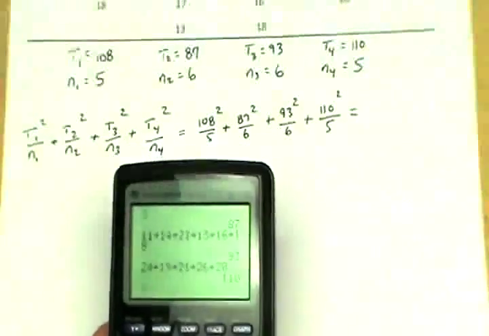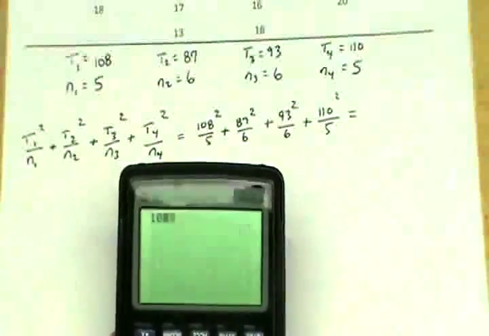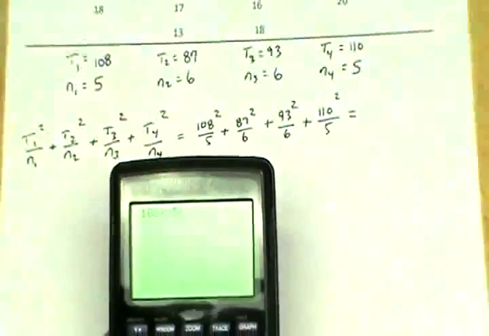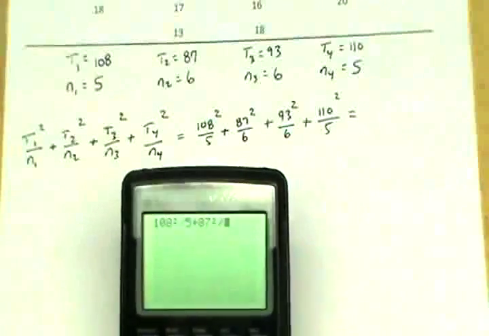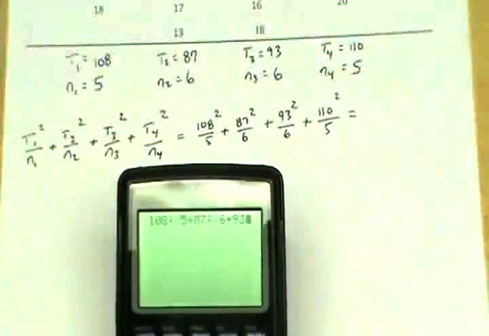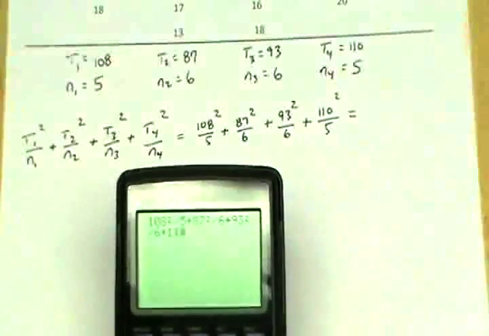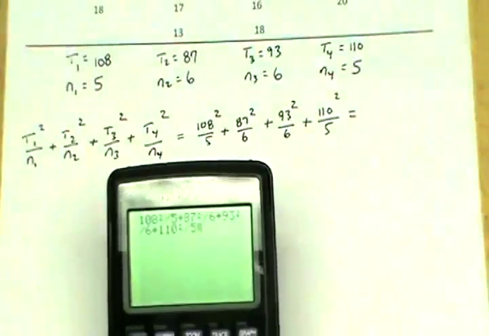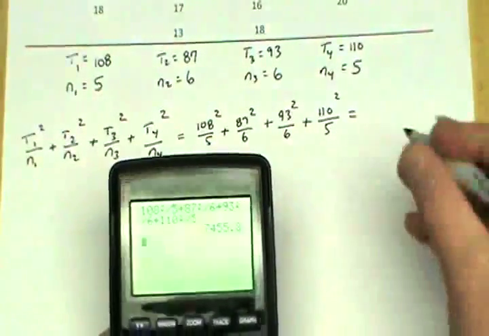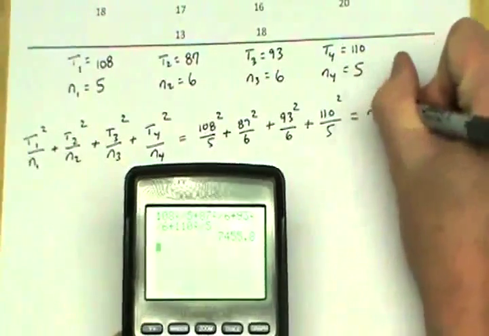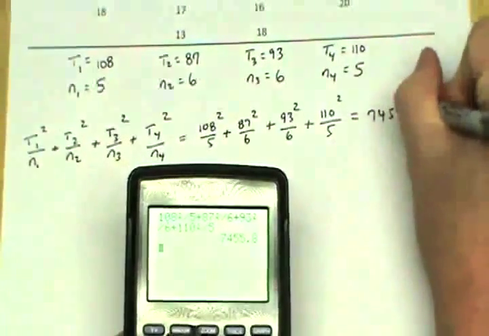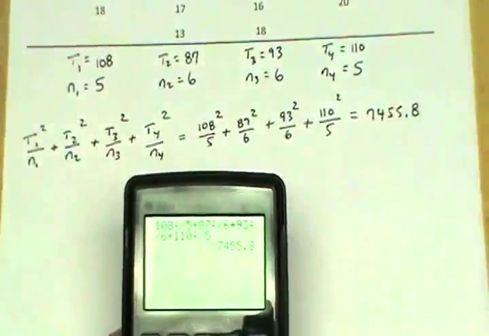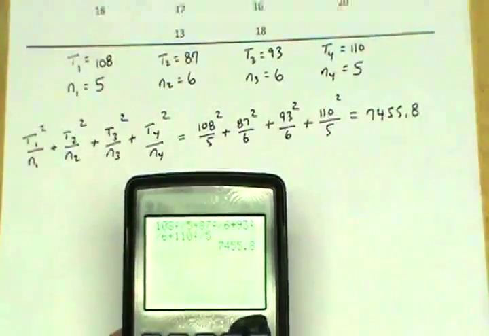So in our calculator, 108 squared divided by 5 plus 87 squared divided by 6 plus 93 squared divided by 6 plus 110 squared divided by 5. Okay, we're getting back 7455.8.